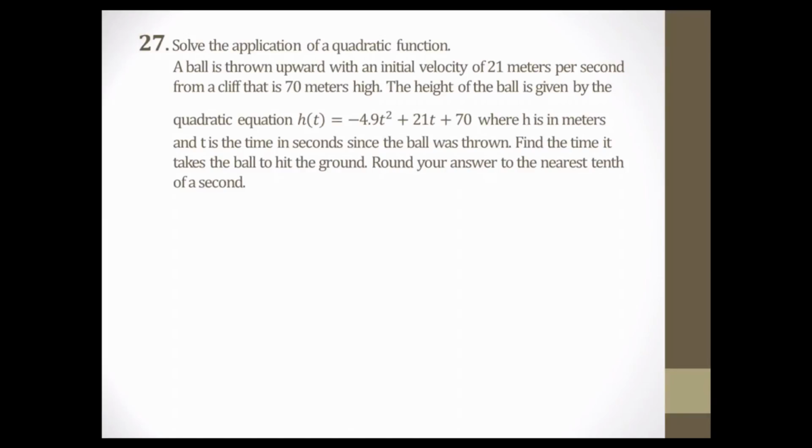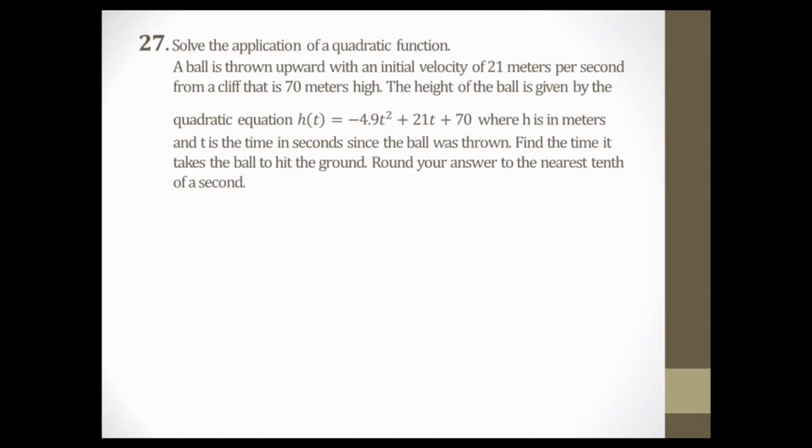The height of the ball is given by the quadratic equation h of t equals negative 4.9 t squared plus 21t plus 70, where h is in meters, so how high the ball is in question, and t is the time in seconds since the ball was thrown. Find the time it takes the ball to hit the ground. Round your answer to the nearest tenth of a second.